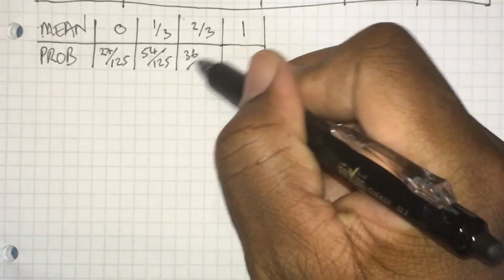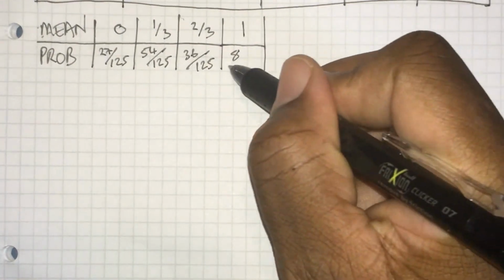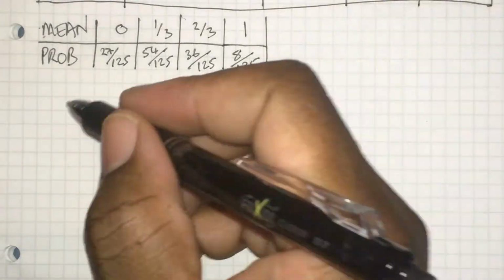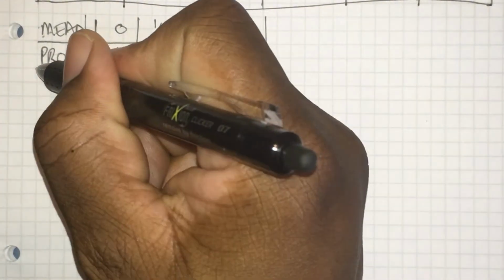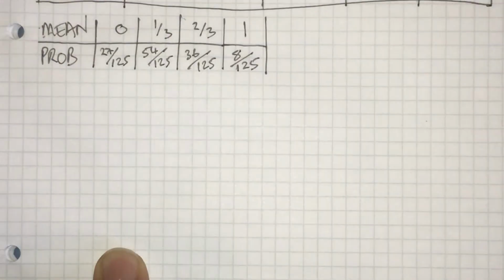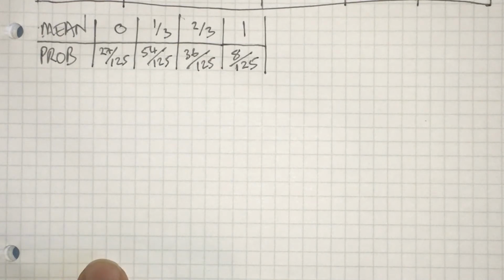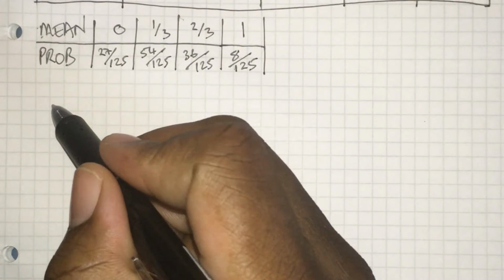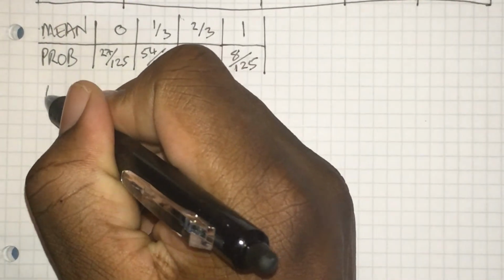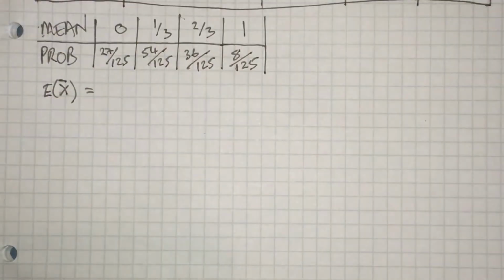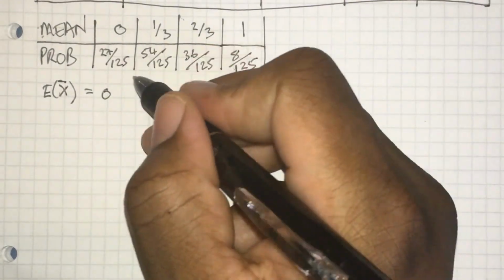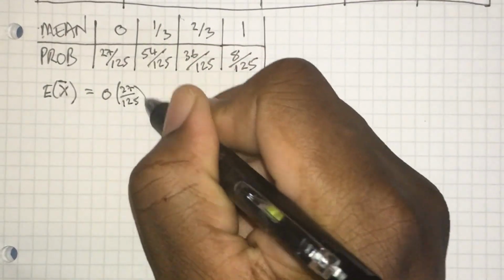The 3 outcomes that gave us a mean of 1/3, 54 over 125, 36 over 125, and only one outcome led to a mean of 1, which was 8 over 125. So this right here is the sampling distribution of the mean. The possible means I could get from my original distribution and the probability of each of those means occurring.